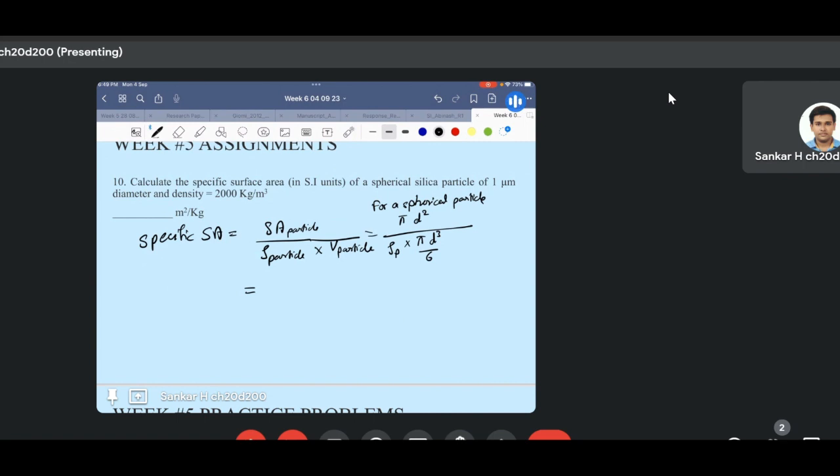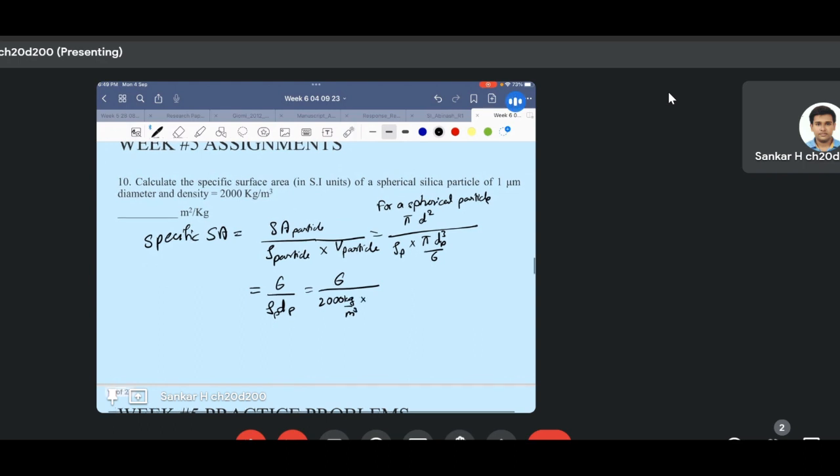Therefore, this equation would simplify down to 6 by rho p d p, and the values can be put here, where the density is 2000 kilogram per meter cube times the diameter of the particle, which is 10 raised to minus 6 meter. Therefore, you'll get this answer as 3000 meter square per kilogram.